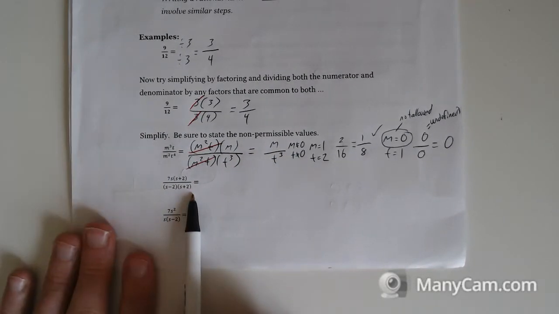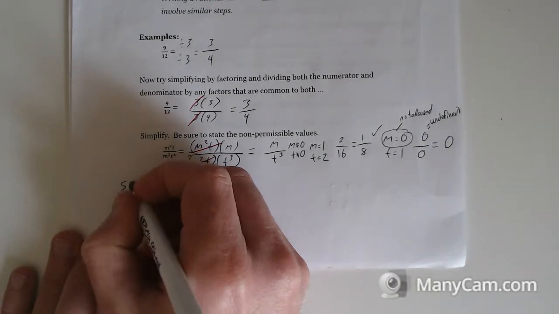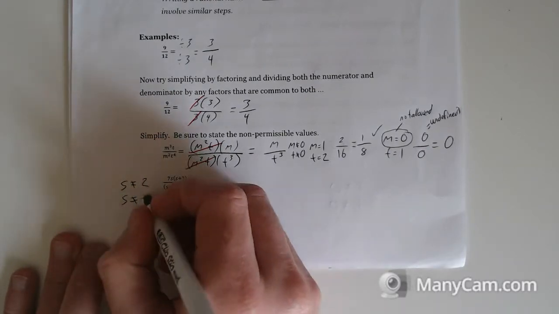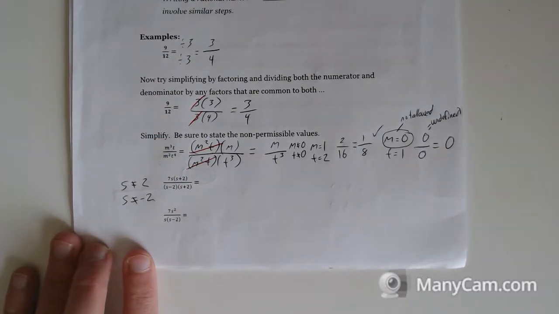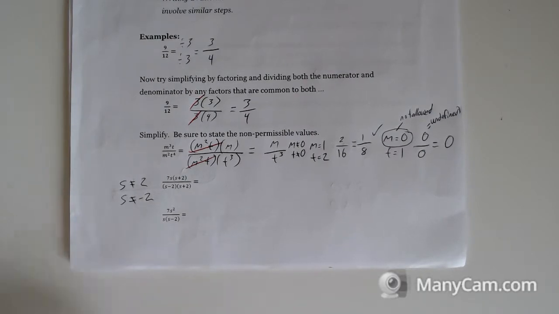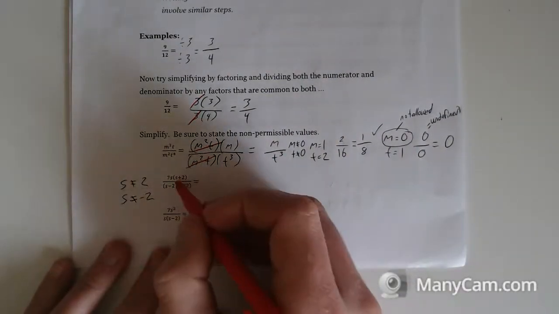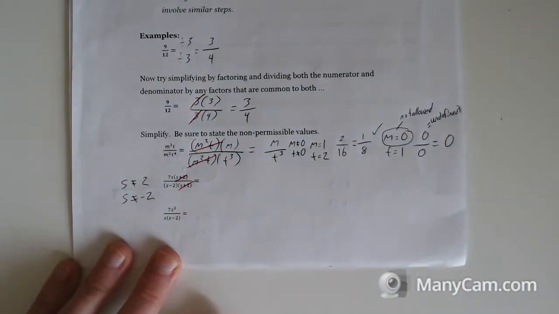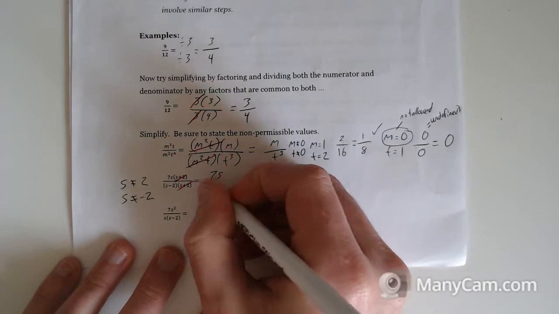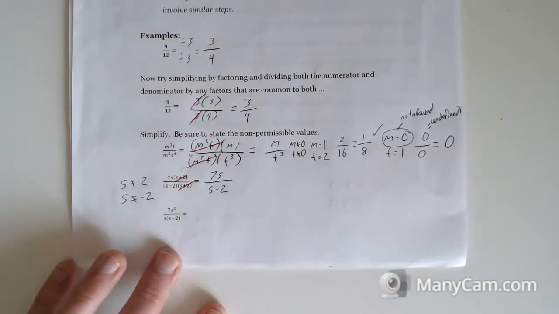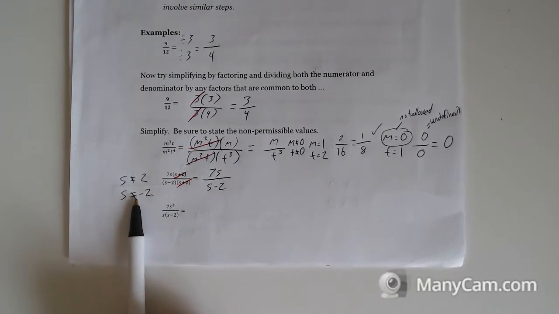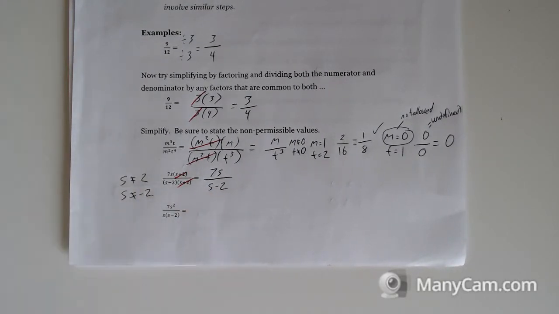So let's try this one. Restrictions: s cannot be 2, and s cannot be -2. As long as we remember that, then we can simplify it, and it's still equivalent. So in this one, we actually have an s plus 2 in both of them, so they just disappear. So this one is 7s all over s minus 2. It's this with these restrictions. So you have to state both of those things, and then you have an equivalent simple expression.